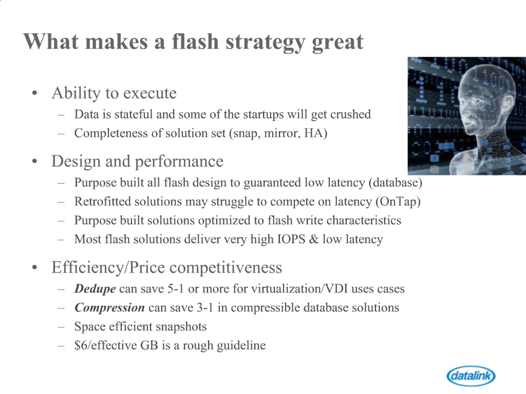So I mentioned that dollar per gig can sometimes be the deciding factor, but in most cases, dollar per gig still matters. And so if we can bend the dollar per gig close enough to where dollar per IOP becomes a more important factor, that's something that becomes very critical to whether a flash strategy is going to be effective or not.